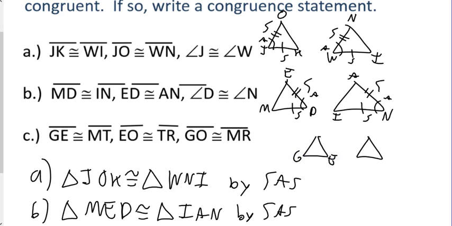And last but not least, triangle GOE. GE is congruent to MT. Mark it. EO, so that has to be an O up there, is congruent to TR. So that's congruent to that. And GO is congruent to MR. So what do we have? Side, side, side.